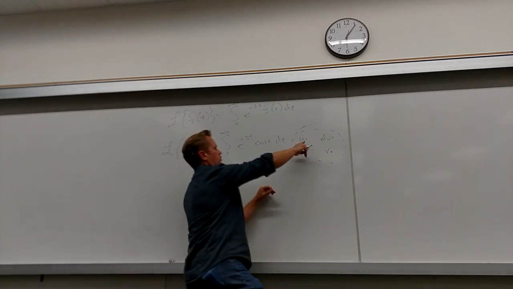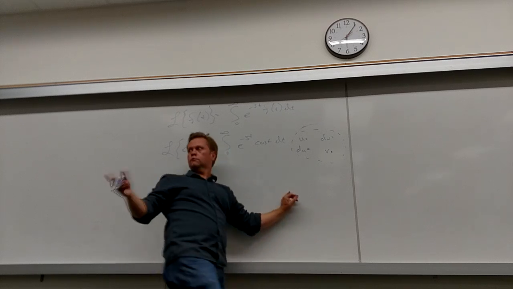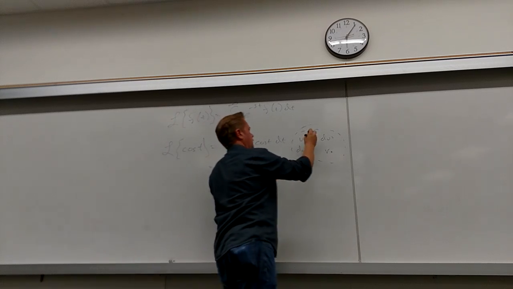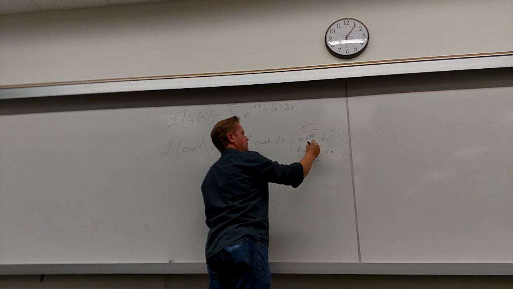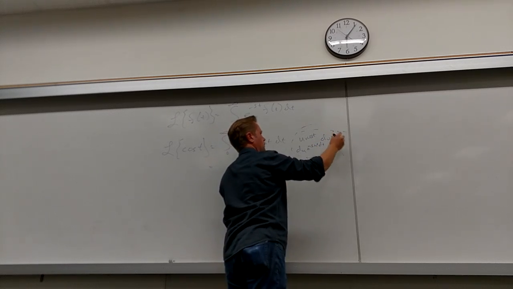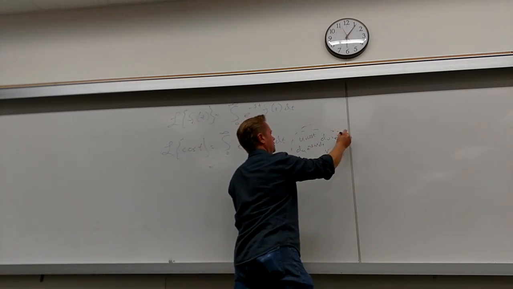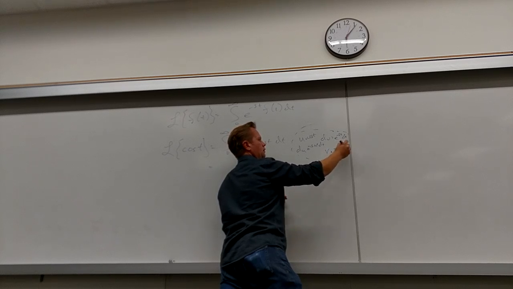So here, what are you letting u be? Cosine, okay. So if you let u be cosine, what's du? Negative sine. And dv then has to be e to the negative st dt, which means v is negative e to the negative st over s.